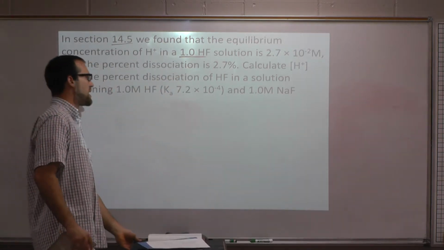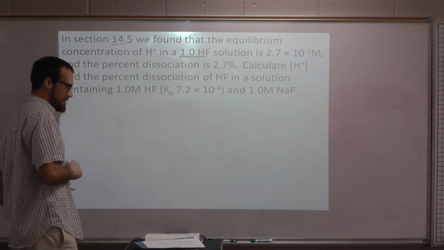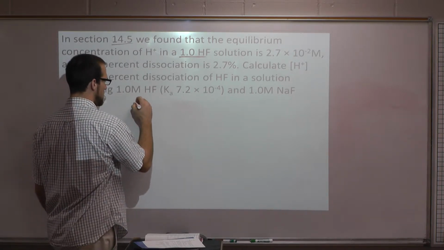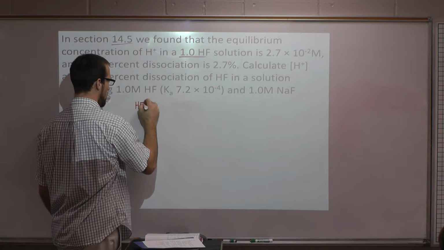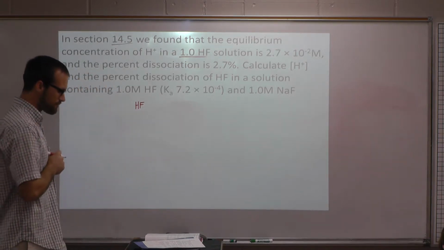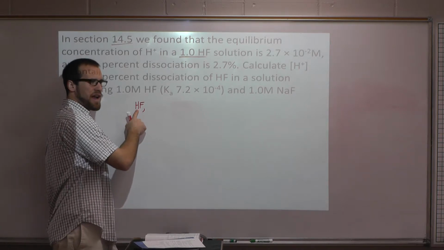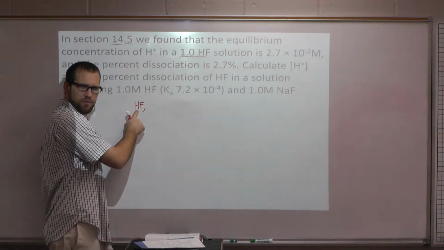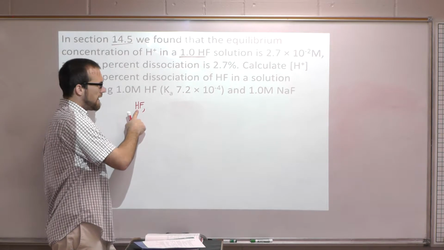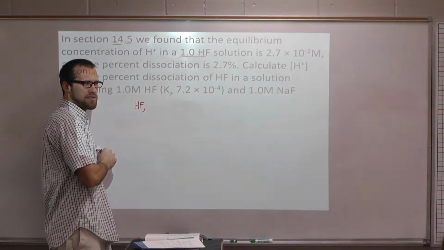And the very first thing we should figure out is what is important. We know that we have HF, correct? And that's going to be the dominant species of that reaction, right? Because it's not going to dissociate very much, correct? Yeah. Okay? Then we have NaF, that's ionic, so what will it do?